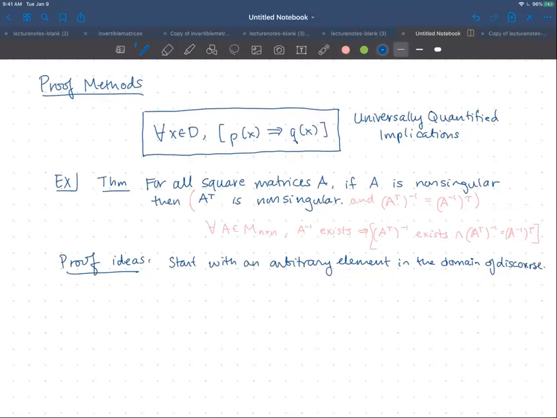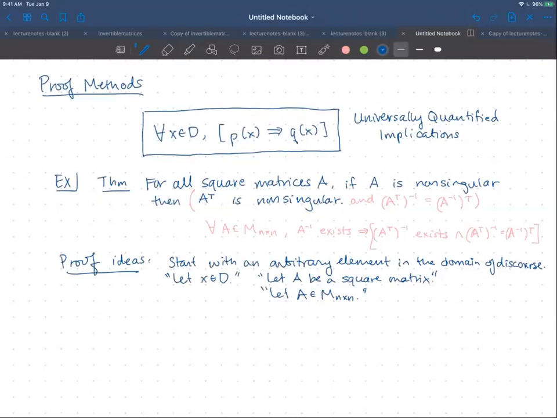For the formal statement above, we might write, let x in D. And for the matrix theorem up above, we would write, let A be a square matrix, or let A be an element of the set of n by n matrices. Either one of those is fine, right? So we start by taking an arbitrary element of our domain of discourse.